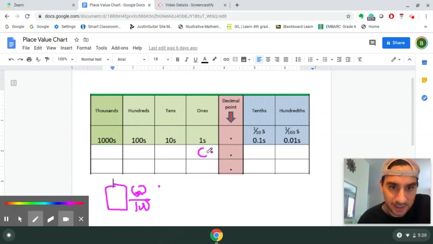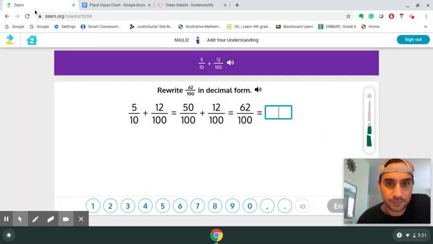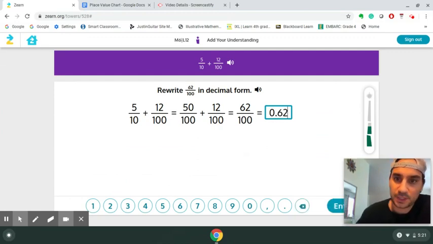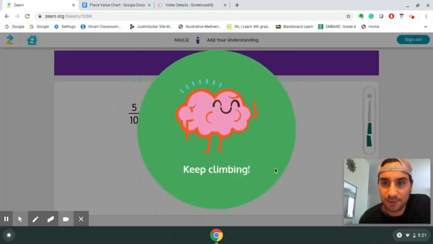So I can put a 0 in my ones place, decimal point, and I can't put 62 in here. It's 2 digits. I have to slide that larger digit, that tens place here, the tenths, over. So 6, 2, and here we have 62 hundredths. Let's type it in. 62 hundredths. Nice work. Let's keep climbing.